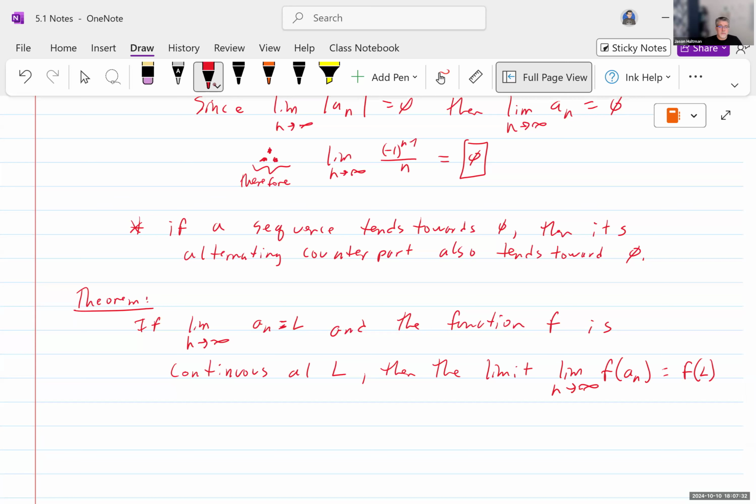So if the limit of the sequence goes to L, then the limit of the function of the sequence is f of L.